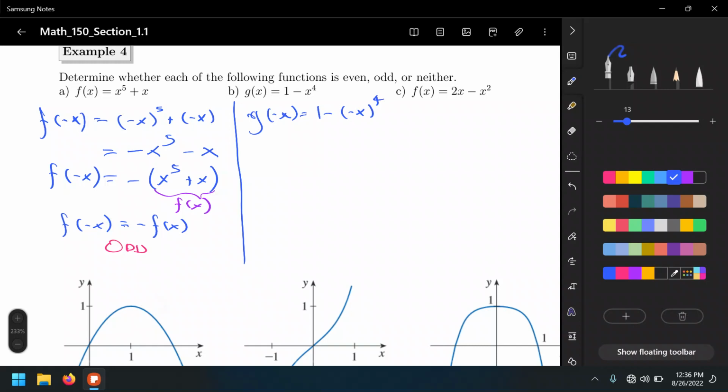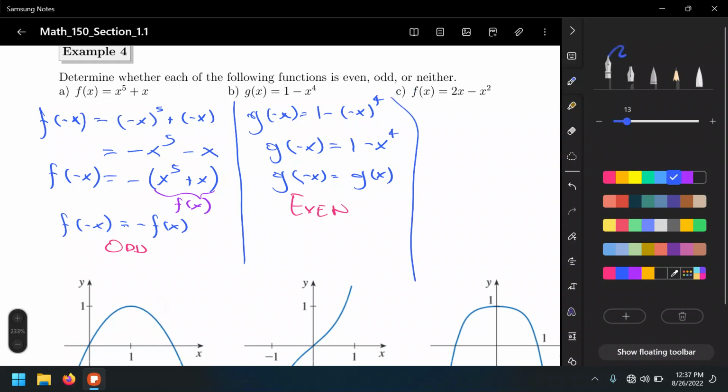It becomes positive, but because of the negative outside it remains negative, so g of negative x equals 1 minus x to the 4th. But in this case, isn't this the same as the original function, g of x? What does that mean? Even or odd? Even.